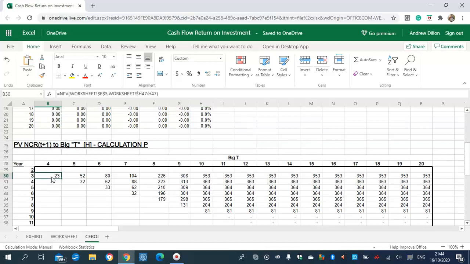There, it's the present value worksheet, $A$5, worksheet exclamation mark, $H47, H47 in brackets. Those are the relevant years for the big T.